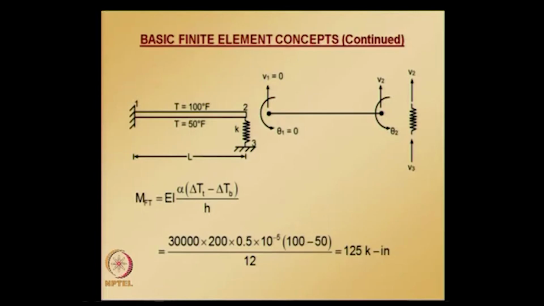So we got the equivalent nodal vector for the beam element, and now we can write the element equations for the beam element. The stiffness matrix is similar to what we derived earlier.